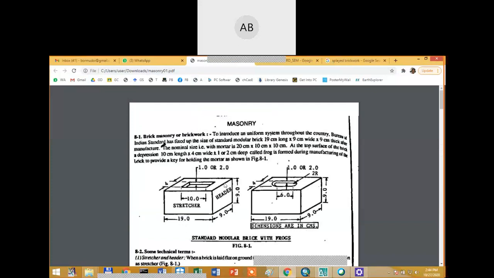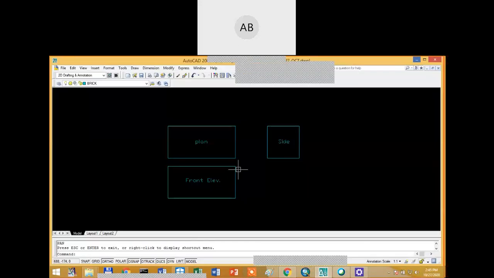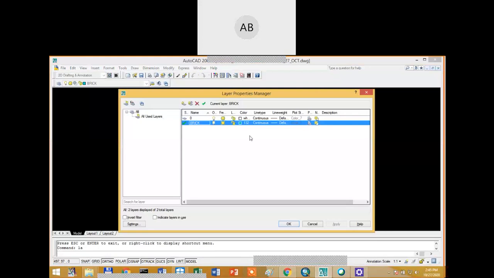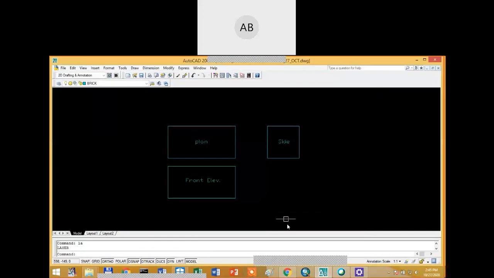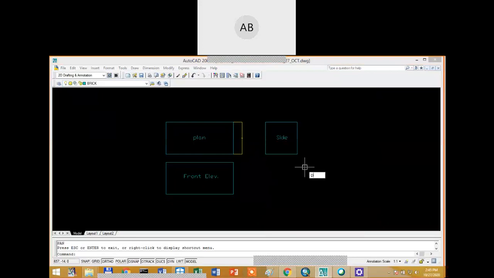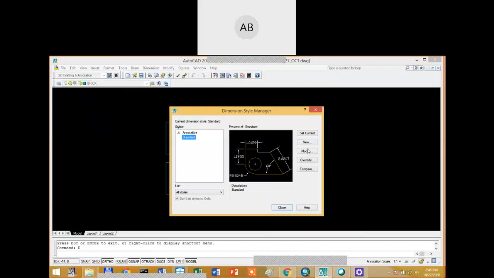So this top view, this is 90 millimeter by 190. So here, you can make another layer, the dimension layer, and a color. And I want to give the dimension. Change the dimension style a little bit. Go to modify.